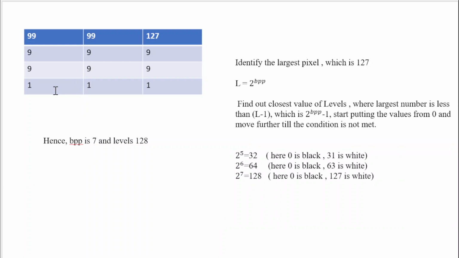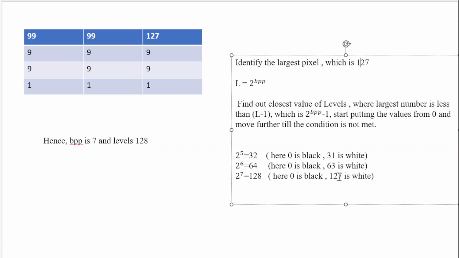Again, this is a similar image, not the same image. In this, we can see that the highest or largest pixel is 127. We'll repeat the same process. 2 raised to power 6 is 64, 2 raised to power 7 is 128. So 127 has to lie between 0 and 127. Does it lie between 0 and 127?